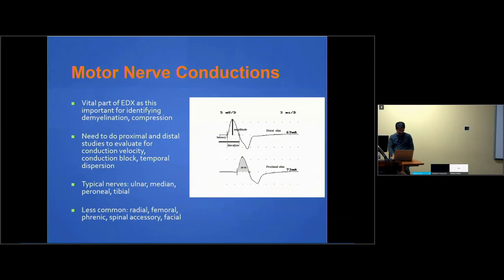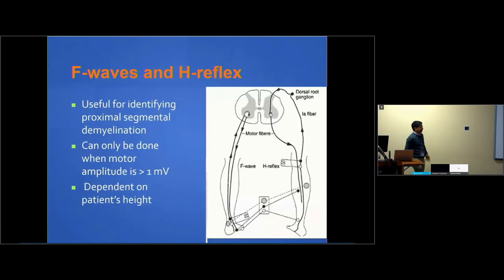Then we do a bit more specialized testing. So one of them is F wave and other is H reflex. F wave is where we stimulate the nerve antidromically for motor nerve, because motor nerve is starting there going away, but we stimulate it so the message goes all the way back up, goes to the motor neuron cell, and then comes back along.